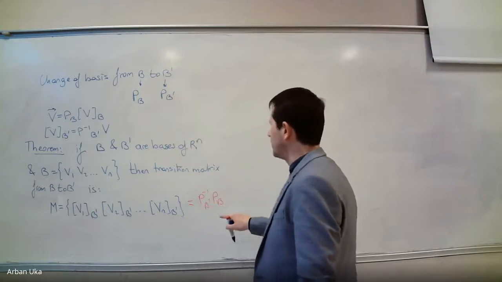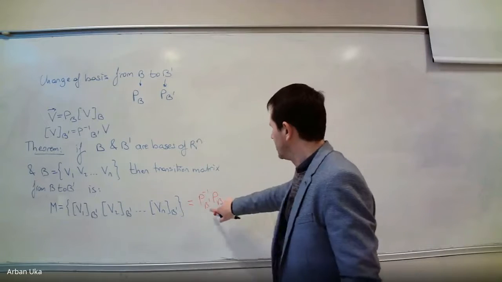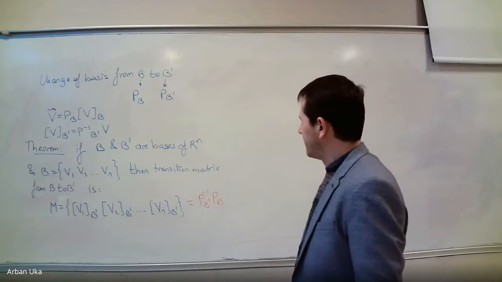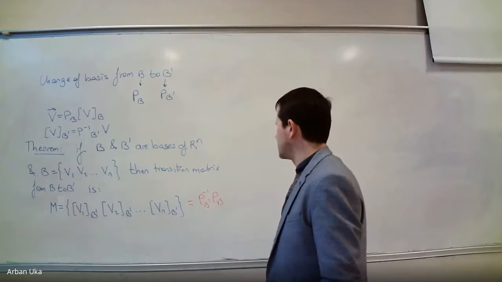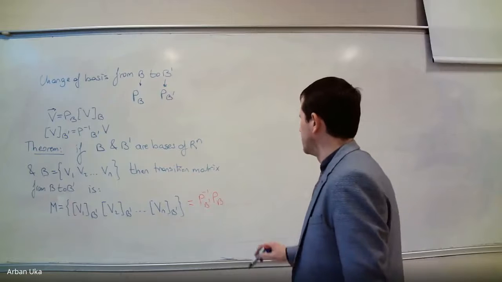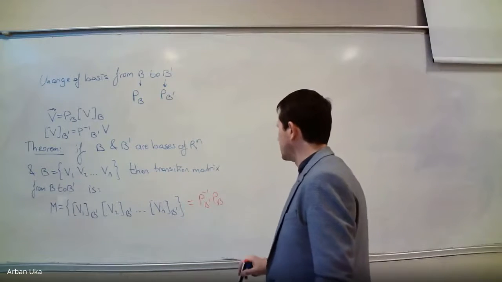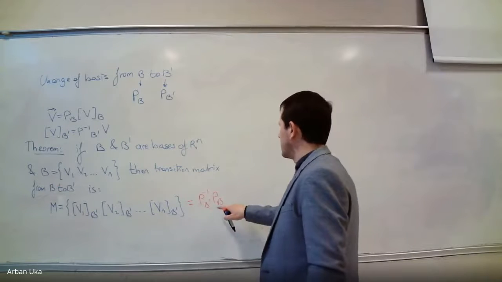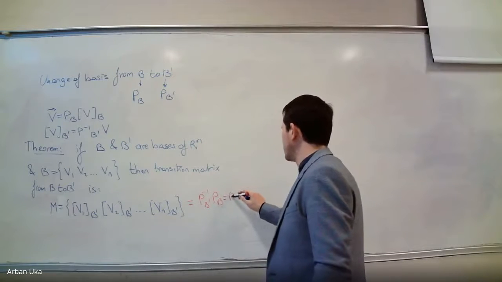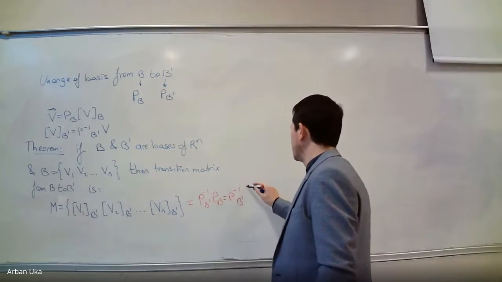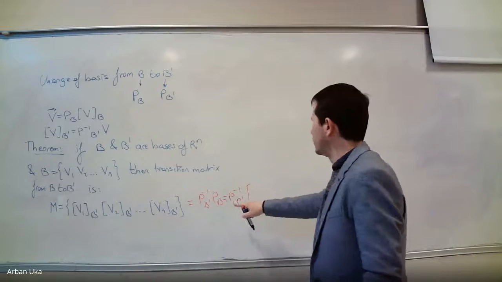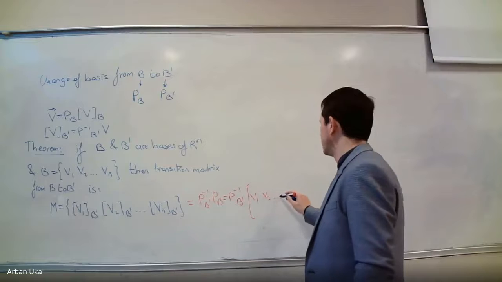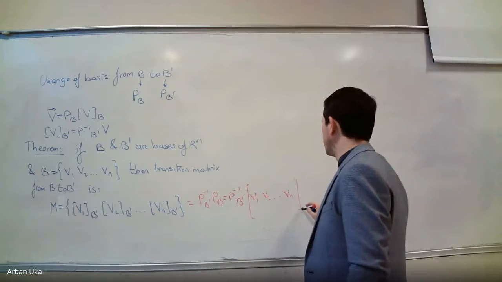So this is how we were formulating this just a couple of minutes ago. Now when we multiply these two together, what we are really getting, and let's not forget what this matrix is, this P inverse B prime is multiplying with PB. What is PB in itself? It has these V1, V2, Vn.